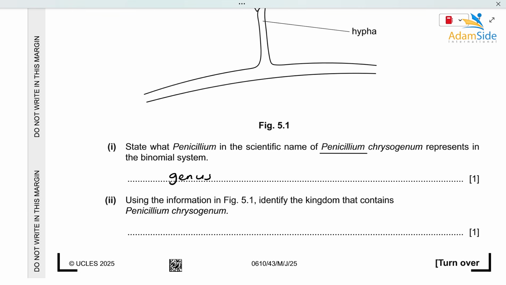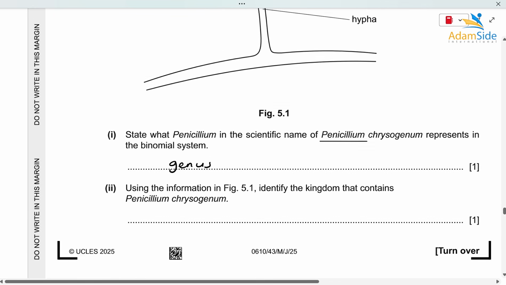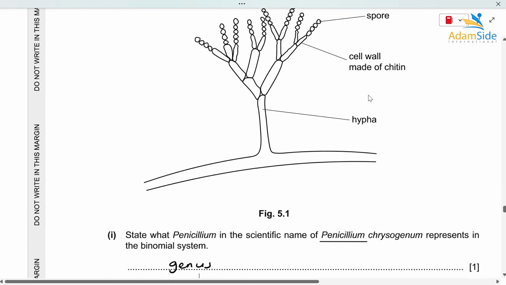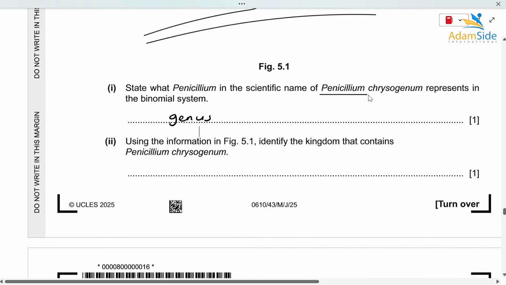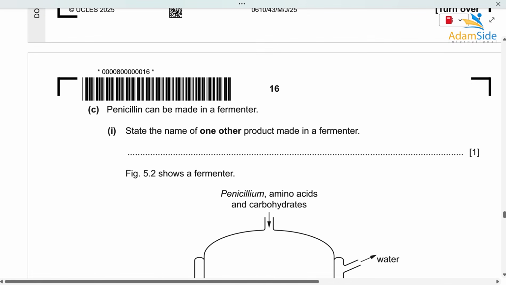Using the information in figure 5.1, identify the kingdom that Penicillium chrysogenum belongs to. Okay, as we can see here, the cell wall is made of chitin. Now, organisms whose cell walls are made of chitin belong to the fungi. So the kingdom would be fungi. Penicillin can be made in a fermenter.